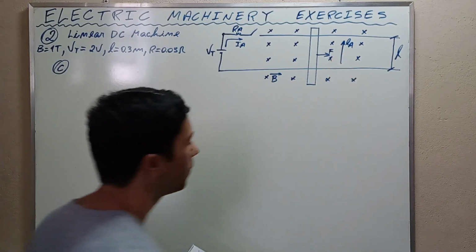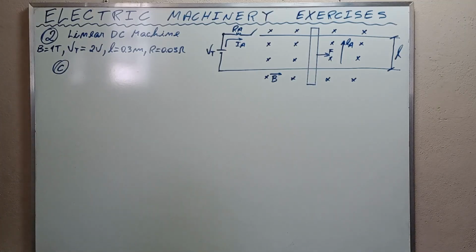With a pulling force applied to the bar to the right, the bar speeds up, the induced voltage exceeds Vt, and the current circulates counterclockwise.